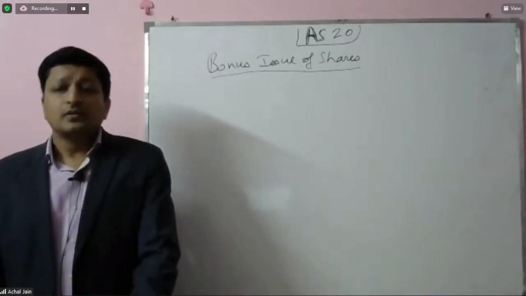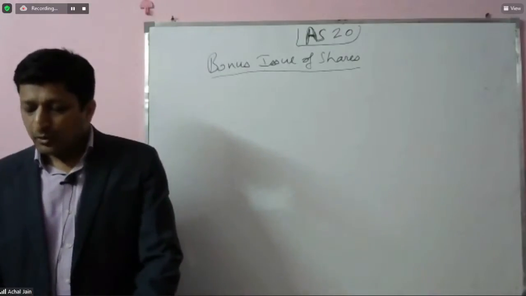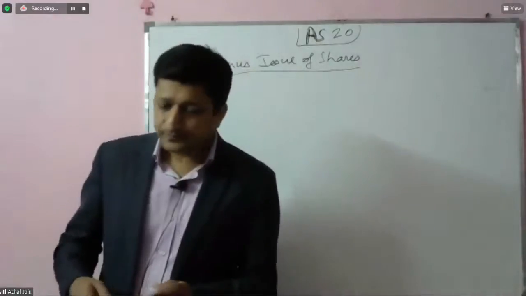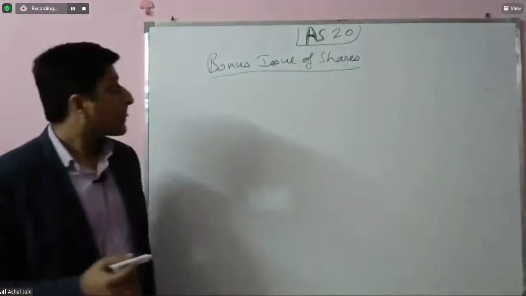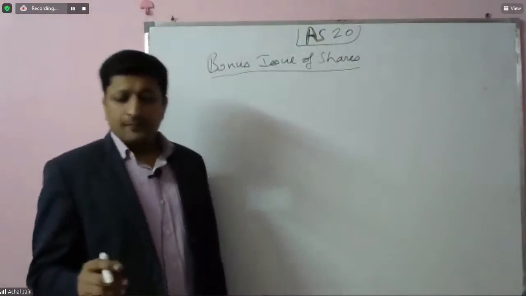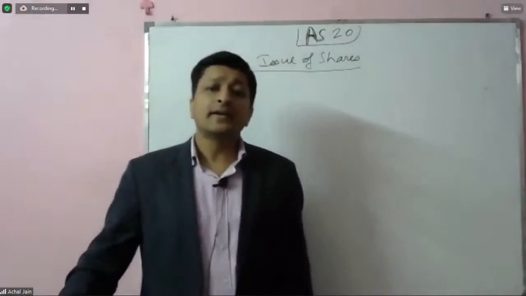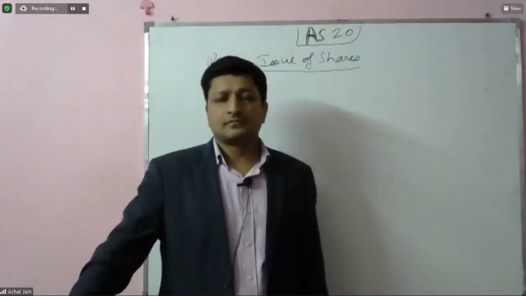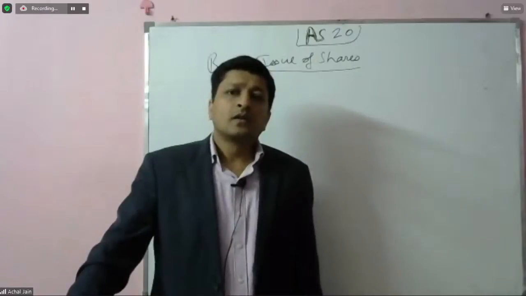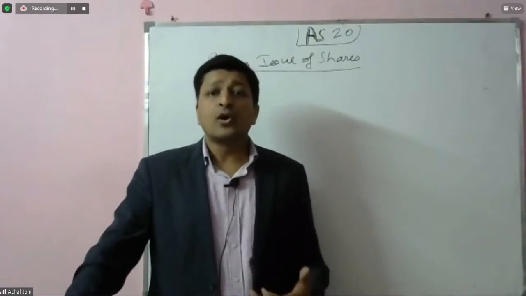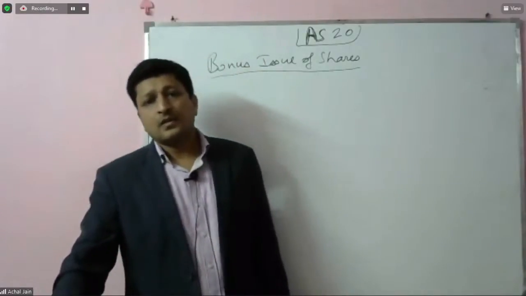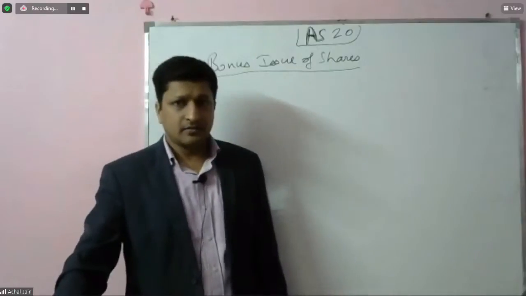So let's once again recap your understanding of bonus issue. Say for example, a company has been earning profits year on year. How will the company reward its shareholders? By paying dividend, correct?